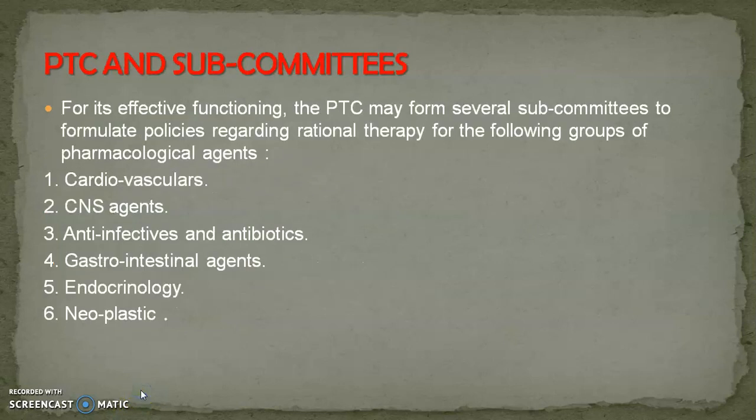Then PTC and subcommittees. For its effective functioning, the Pharmacy and Therapeutic Committee may form several subcommittees to formulate policies regarding the rational therapy for the following groups of pharmacological agents. Here, rational therapy indicates the right dose, right regimen, right frequency at the right time with the correct route of administration, which is nothing but rational therapy.